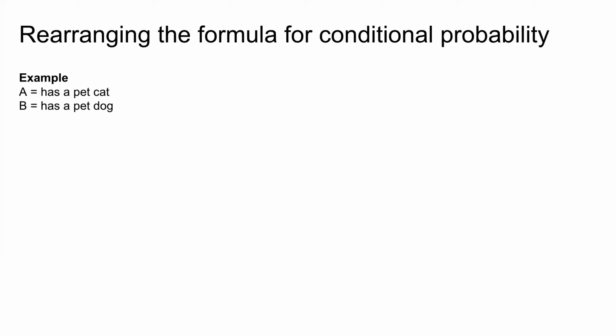Finally, sometimes we're given information about the conditional probability, but not the intersection. In these cases, we can rearrange the formula for conditional probability. For example, let A be the event that somebody has a pet cat, and B be the event that they have a pet dog. Then, suppose that roughly 50% of people in the US have a pet dog. That is, the probability of event B equals 0.5.